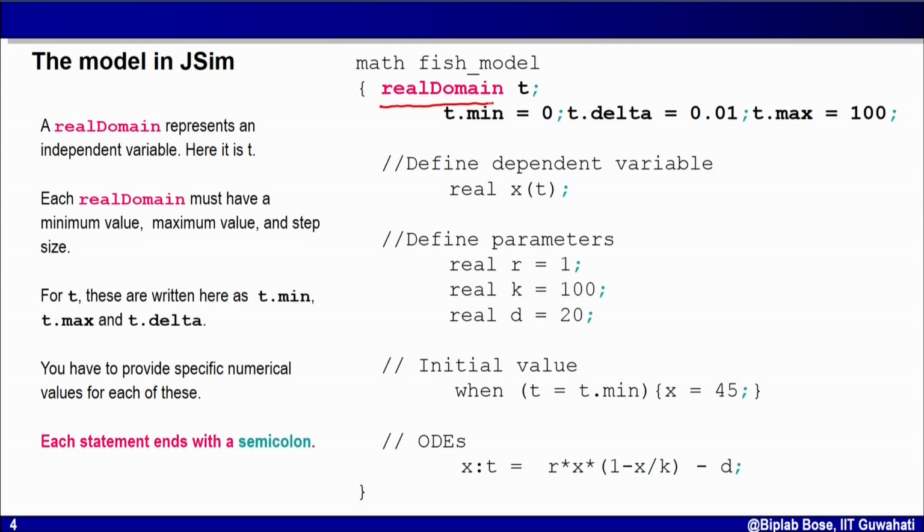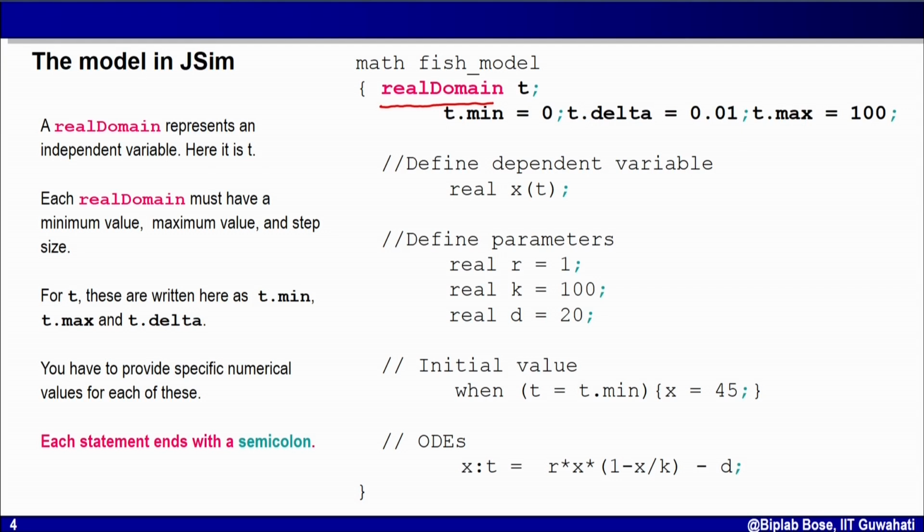So I have written real domain t. That means JSim understands that t is the independent variable. Once you have told JSim the independent variable, then you have to tell it where it starts and where it ends. That means the minimum value of that independent variable and the maximum value of that independent variable that you have to say.